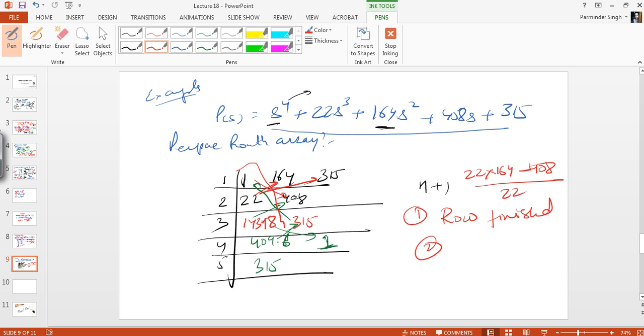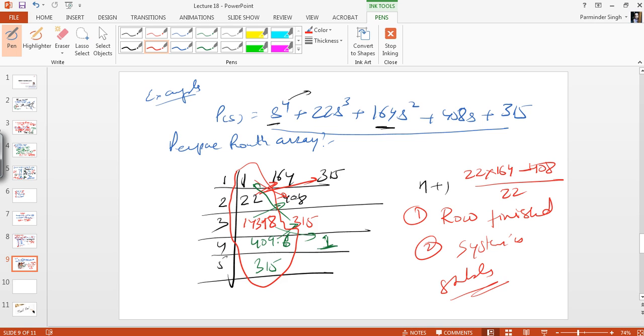All these numbers, they are positive in nature. So that means system is stable. For the system to be stable, remember this, for the Routh array, the first entries in all the columns should be positive. So this is how we test Routh array.